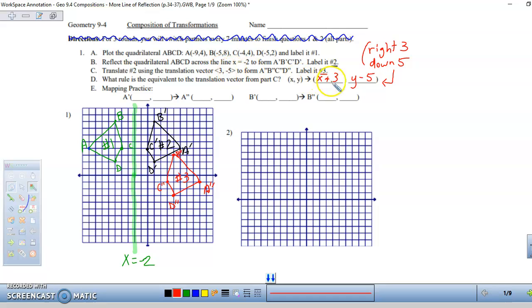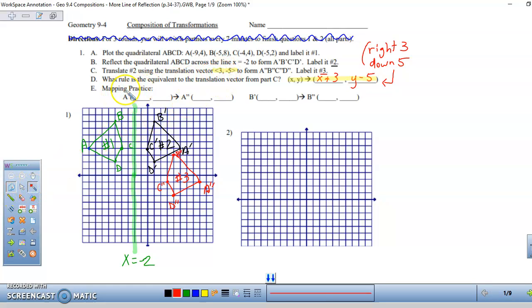But these are equivalent directions. So this direction with a vector is the same as this direction for a rule. Those are equivalent. They will do the same things.